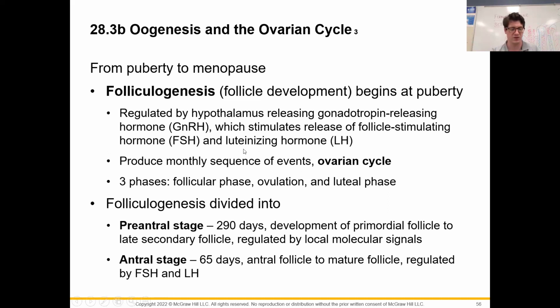Oftentimes, when someone is undergoing fertility treatments, they'll also sometimes take luteinizing hormone at very particular times so that they can cause the release of all of those mature cells that they've been making. That way we can more precisely structure exactly when that's going to occur. Typically, though, this is all going to be regulated by our hypothalamus, where we can make sure that these things are all at their normal levels, at which point this will all happen.